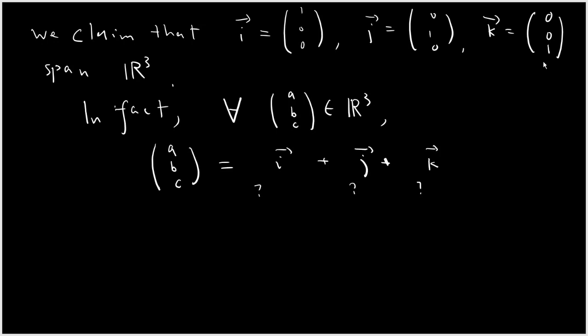How can we write any vector with three components a, b, c as a linear combination of i, j, and k? Yeah, probably you meant a, b, and c, right? I'm not trying to use x, y, and z. If you want to use x, y, and z, you could change the notation here. An arbitrary vector, yeah, a, b, c. I think you got this.